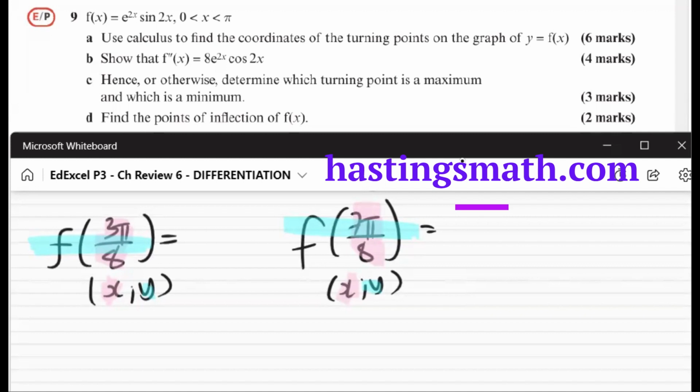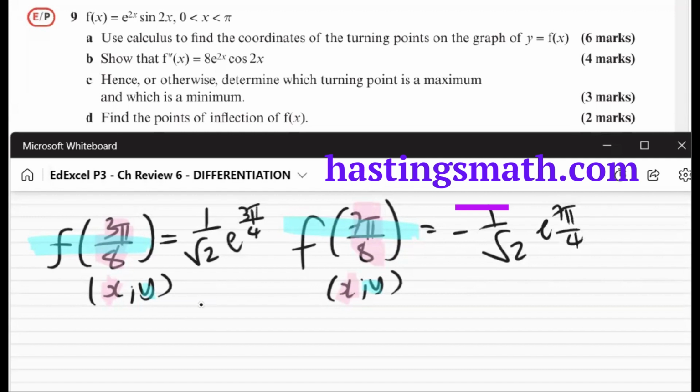This one will be 1 over root 2 e to the 3 pi over 4. And this one will be negative 1 over root 2 e to the 7 pi over 4.